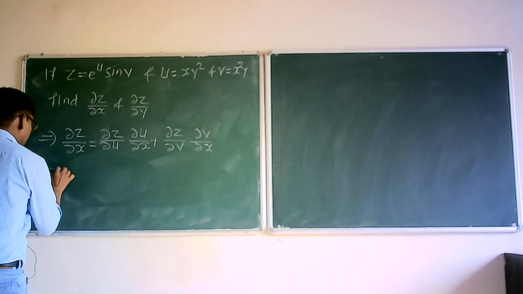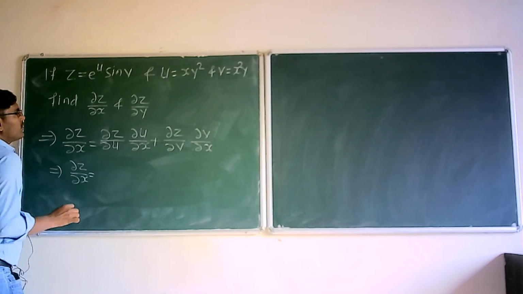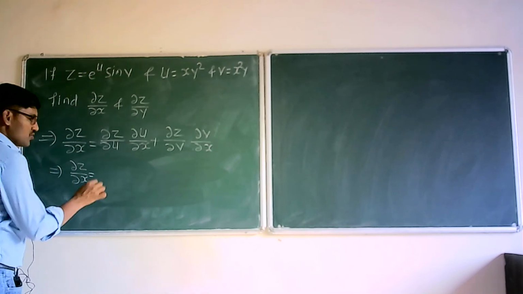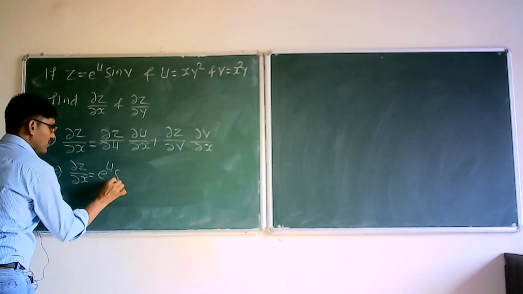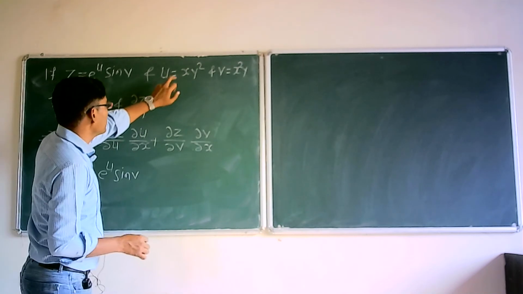So dabba z by dabba x is equal to dabba z by dabba u. So take the partial derivative of this term with respect to u. It is equal to e raised to u sin v, and again dabba u by dabba x. What is the derivative of this term?